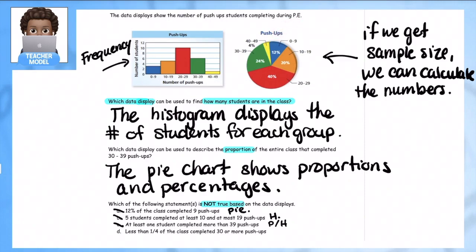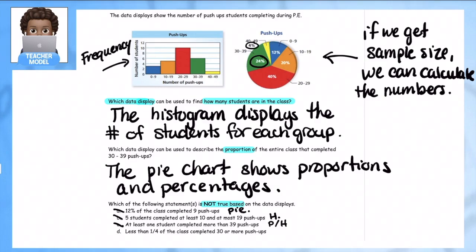And the last one: less than 1/4 of the class completed 30 or more push-ups. Okay, so 30 or more, that's this part over here. And it says less than 1/4. I can't be sure, but it looks like more than 1/4 here. So let's use our pie chart. How many completed 30 or more? So I'm going to use this part. That's 24%, plus another 4%.